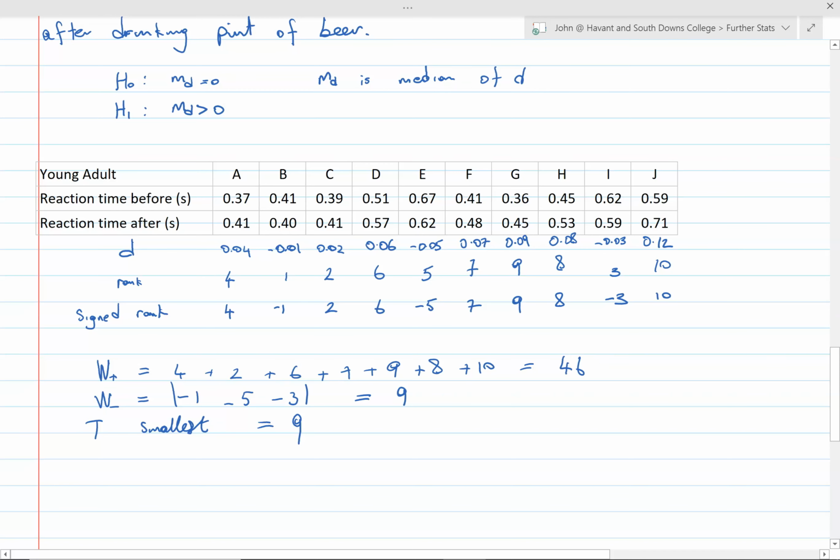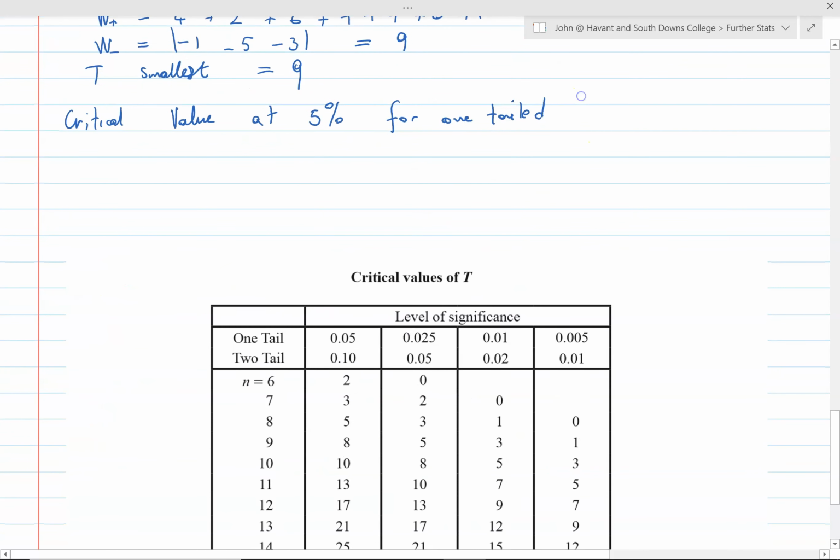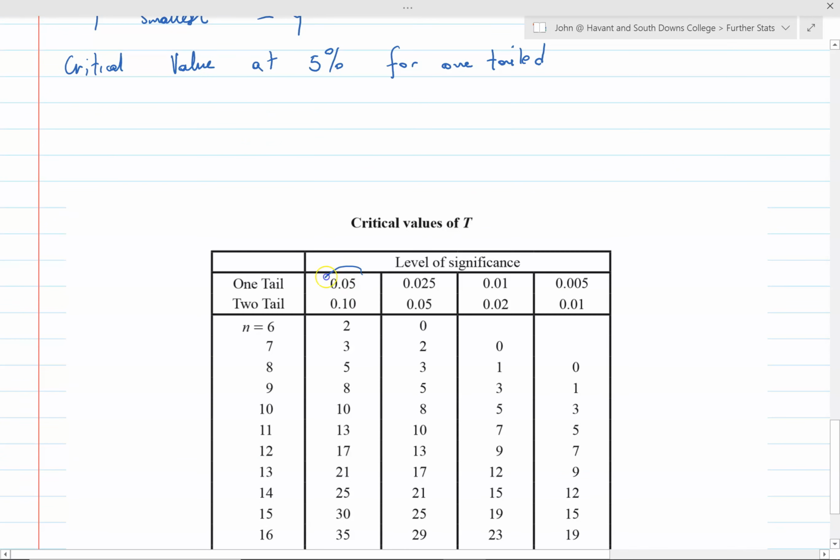Right, so now we're going to look at what the critical value is. So the critical value at 5% for one-tailed, let's have a look at tables. We're one-tailed, want 5%, and the sample size is 10.